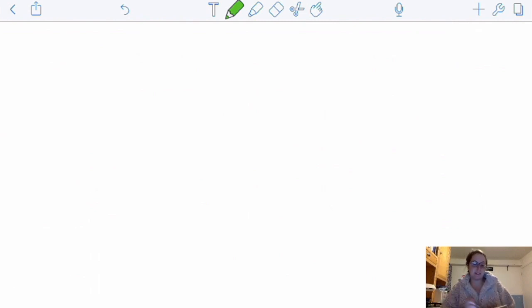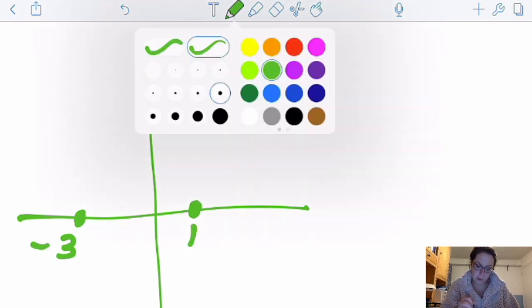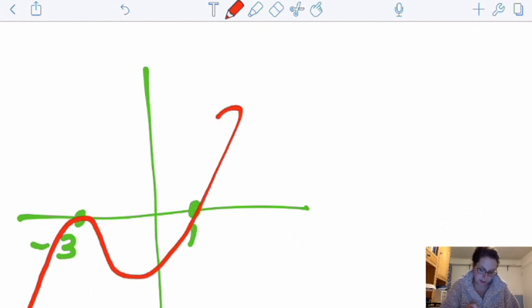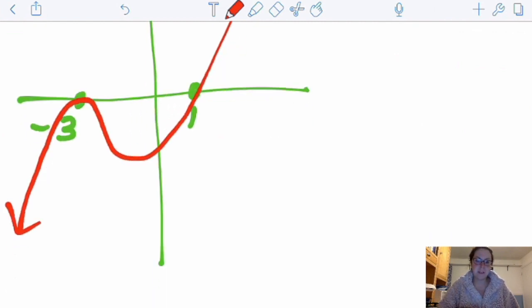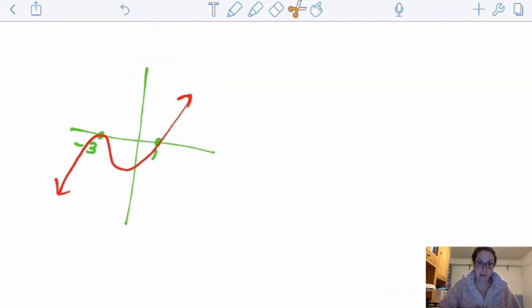So let's say we have this, and we've got those points, and my function looks like this, okay? Looking at that, I'm going to start with, always, where are the zeros of this?